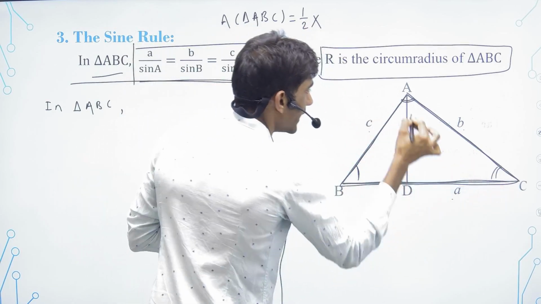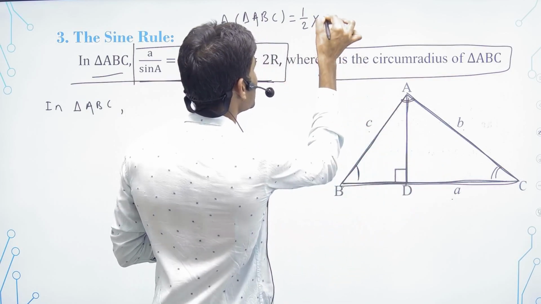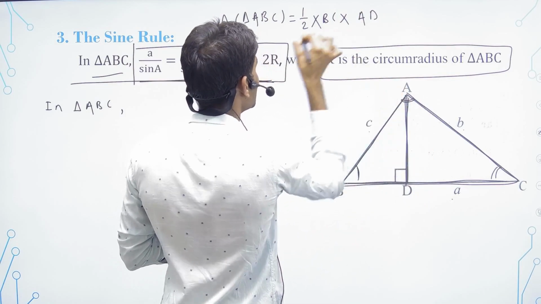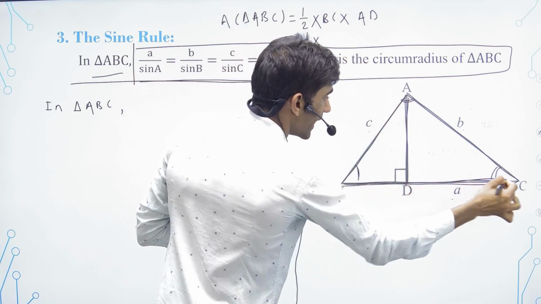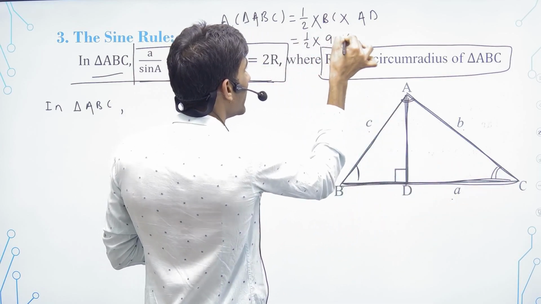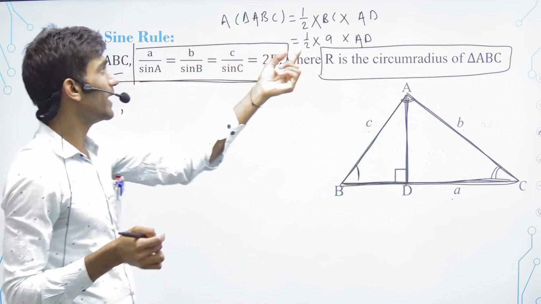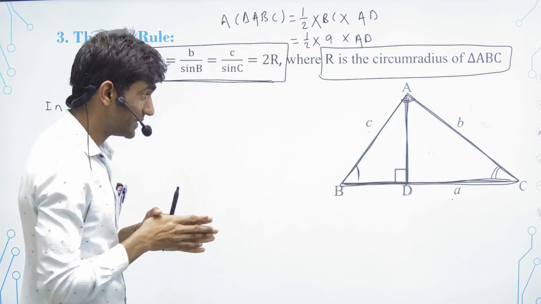The base here is BC and the height is AD. So 1/2 stays as it is, and BC is a, into AD. So the area of triangle ABC is 1/2 a into AD.